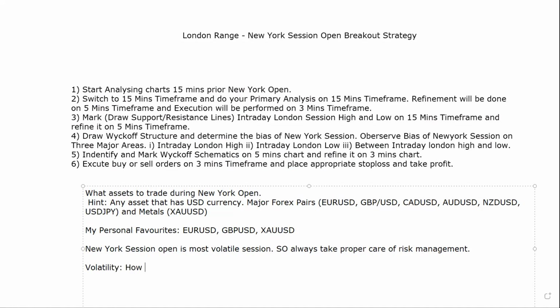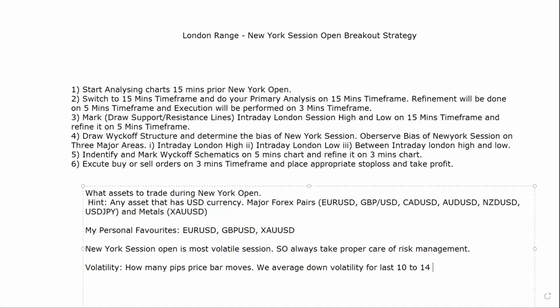Volatility means price fluctuation: how many pips the price bar moves. We usually take a volatility average of 14, averaging volatility over the last 10 to 14 bars.